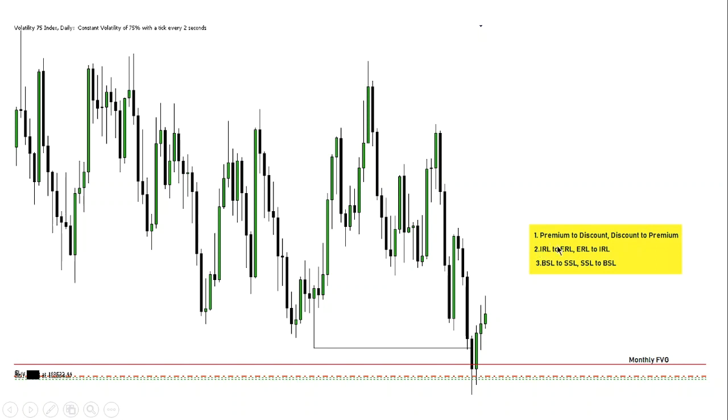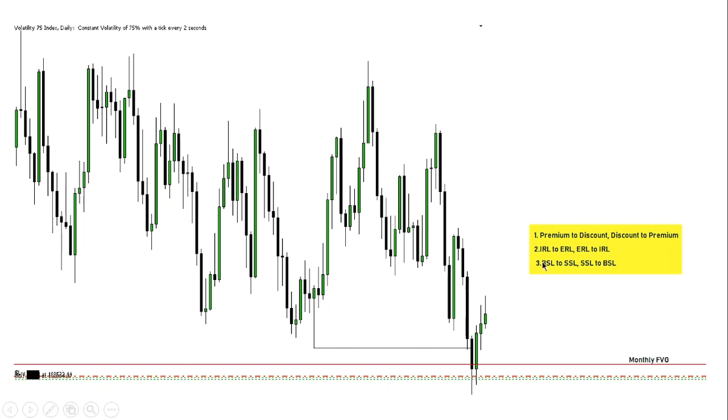Number two, we have taken out external range liquidity, as I've stated before, and price will move from external range liquidity to internal range liquidity. In this case, external range liquidity is the sell side liquidity here, and internal range liquidity will be this fair value gap here. So you want to see price moving from this low to this fair value gap, and that's what price has done.